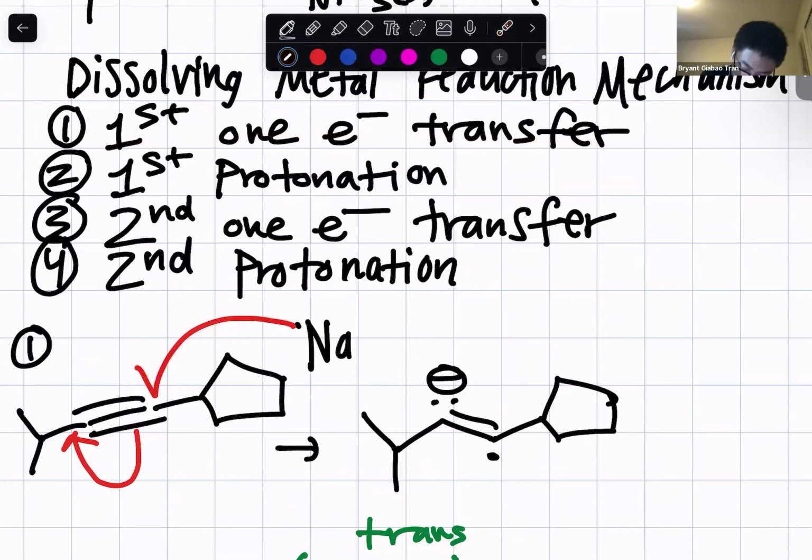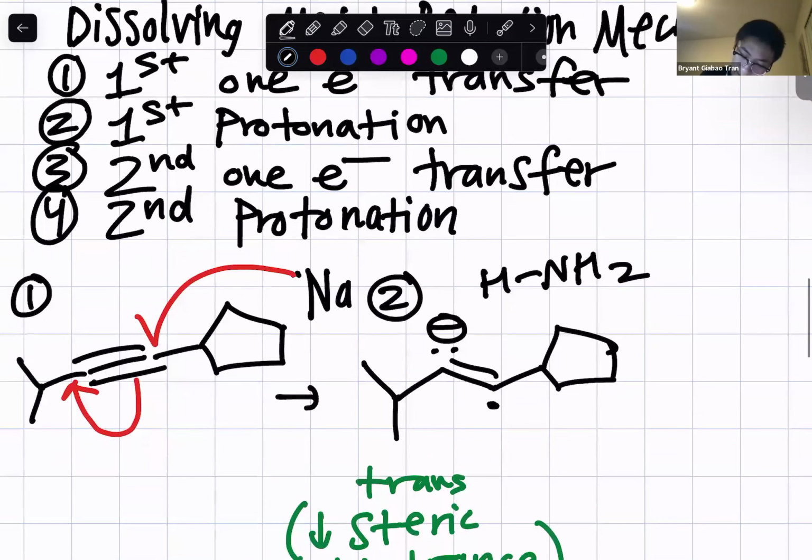Now let's do the second step. The second step is the first protonation. So once we have this negative charge here, we're gonna neutralize that by protonating it with the solvent NH3. That negative charge gets protonated like that.